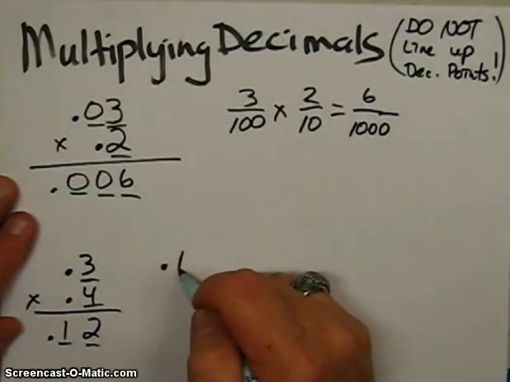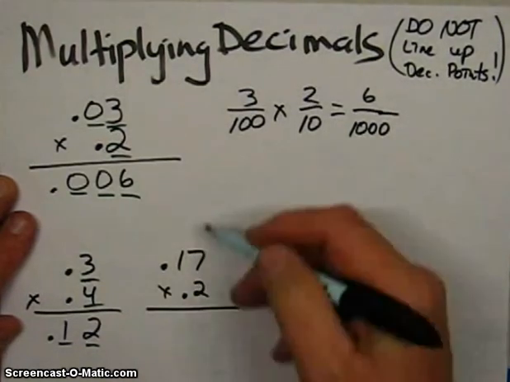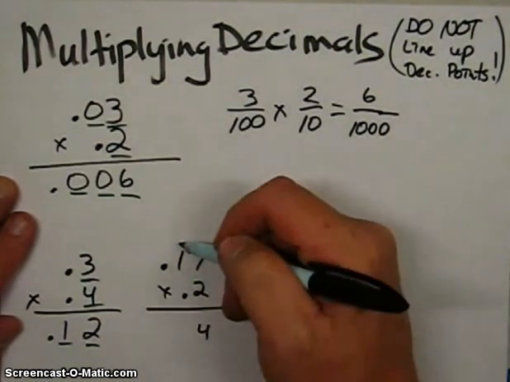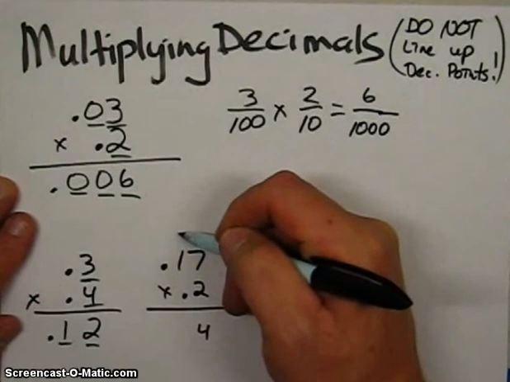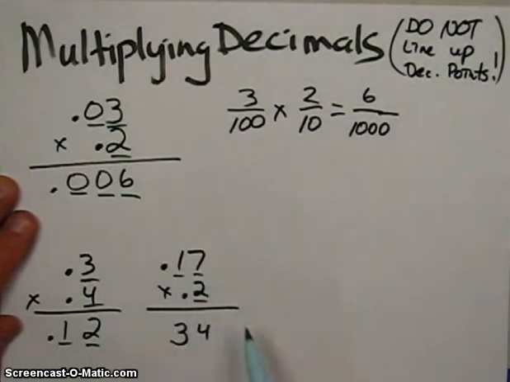Okay. Next example, 0.17 times 0.2. 2 times 7 is 14, carry 1. 2 times 1 is 2, plus the 1 more up here makes 3. Now, in the problem, count. How many digits are on the right side of the decimal points? 1, 2, 3.